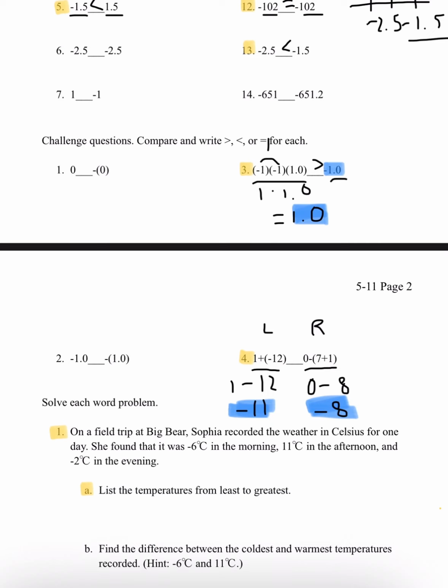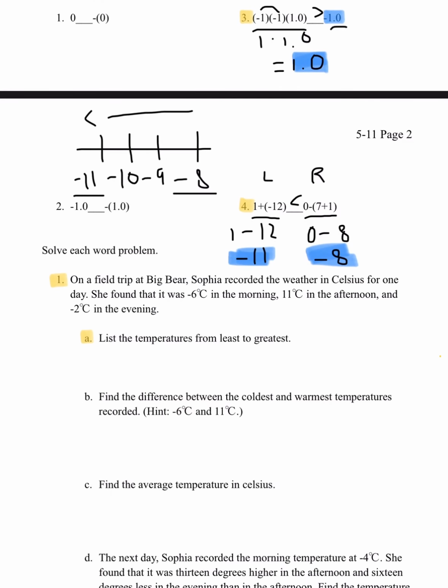We have a negative 11 and a negative 8. So that means negative 8 is greater than negative 11. So negative 11 is less than negative 8. And if I show you guys on the number line, negative 8, 9, 10, 11. It's going down. And negative 8 is far up there, and it's right in front of negative 11.